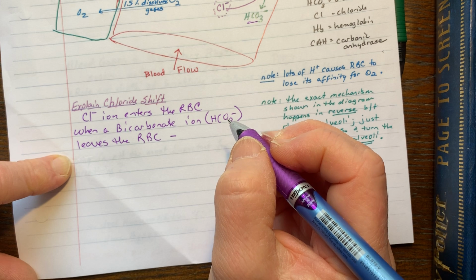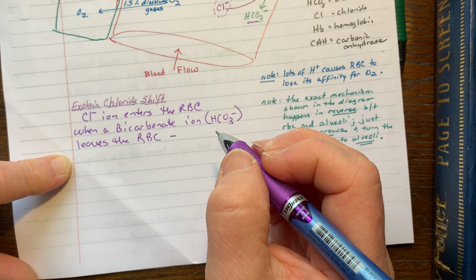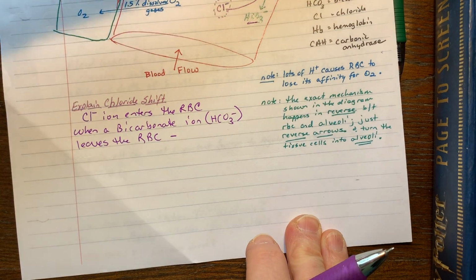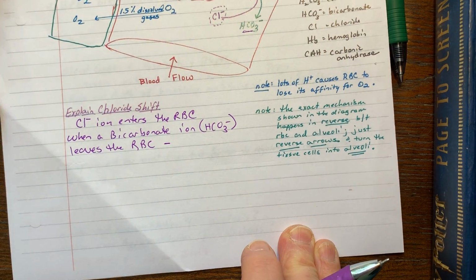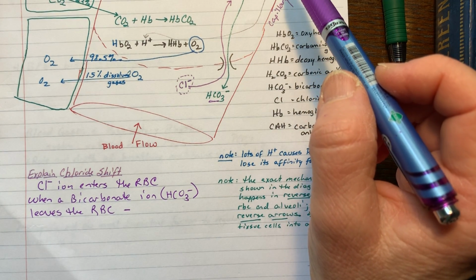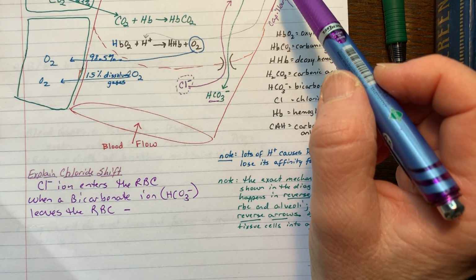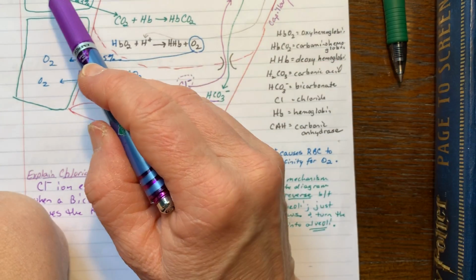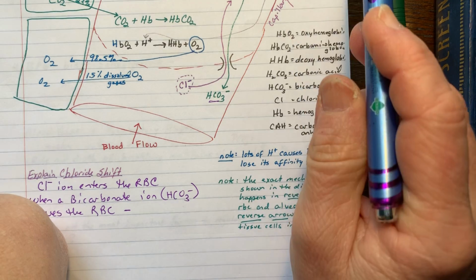All right. This is to keep the electrical gradient even, neutral. All right. So great. So 70% goes that way, and that's how it gets out of the lungs.